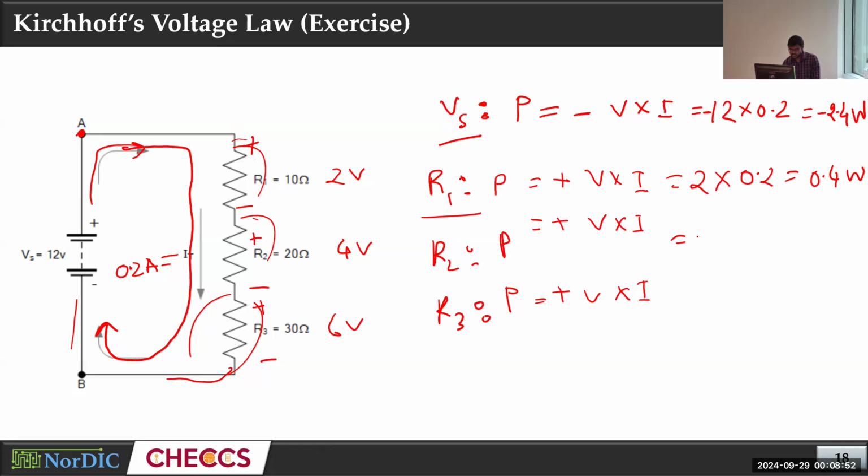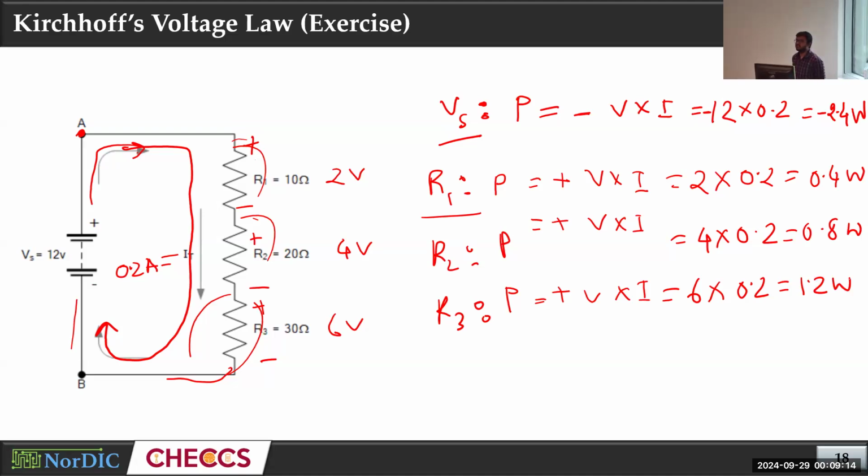Similarly, for R2, it should be 4 times 0.2, which is 0.8 watt. For R3, it should be 6 volt times 0.2 ampere, which is 1.2 watt.